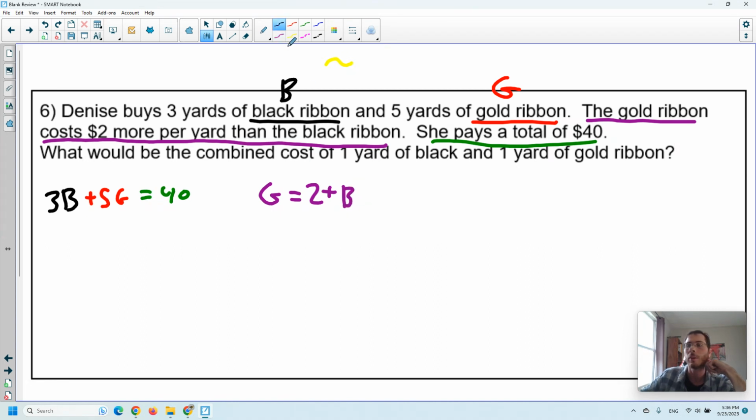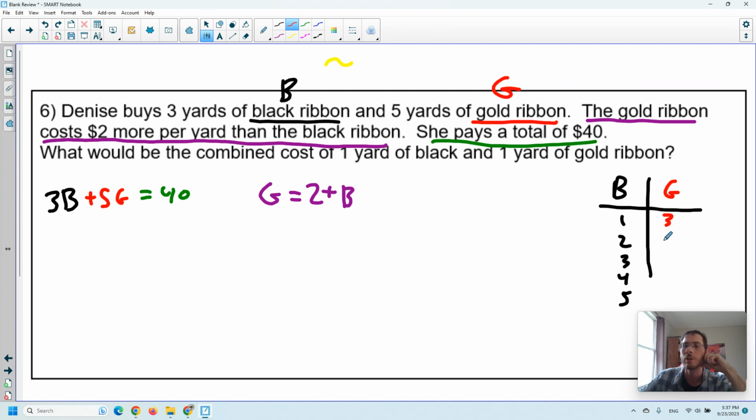And so we might want to think about this with a little table to make sure our equation makes sense. We got the black, we've got the gold. So if the gold ribbon costs $2 more than the black ribbon, I'm just going to put out some options over here. 1, 2, 3, 4, 5. The gold ribbon is $2 more per yard. So this should be 3. 2 plus 2 is 4. 3 plus 2 is 5. 4 plus 2 is 6. 5 plus 2 is 7.